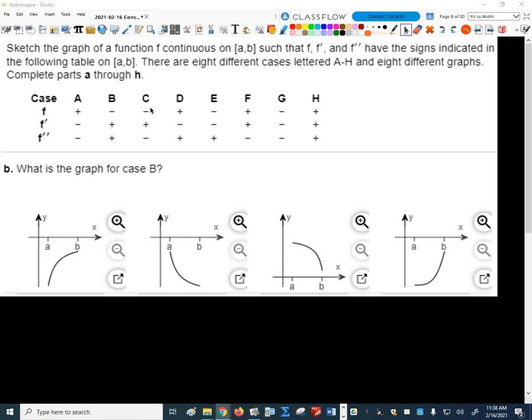So for case B, f is negative, f prime is positive, f double prime is positive. One, two, three, or 4, starting at the left.